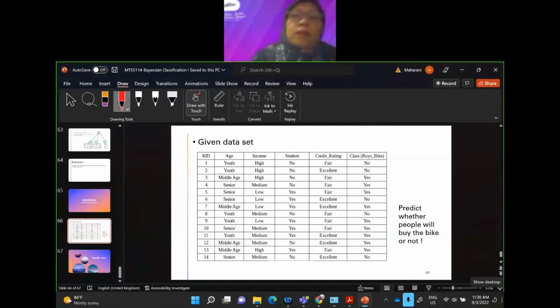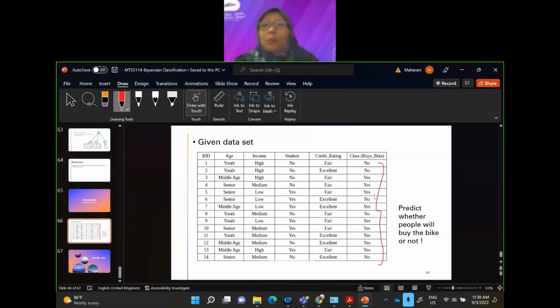This is the one that we want to predict. We want to predict whether people will buy a bike or not, by which condition. So it means you have to compute the probability of yes with all of the conditions: age, income, student, credit rating.